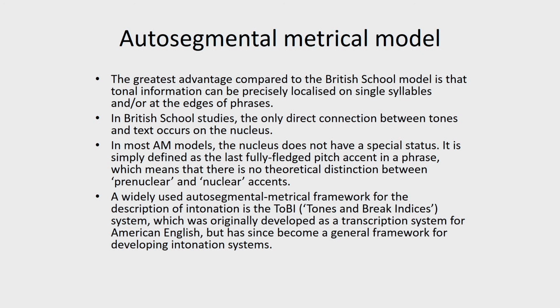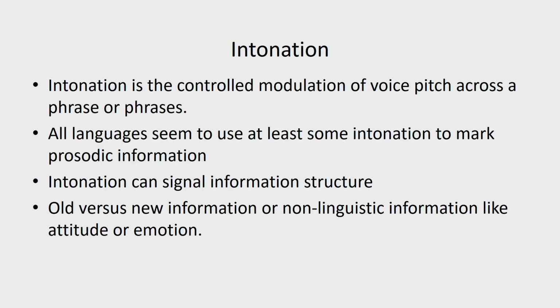A widely used autosegmental metrical framework for the description of intonation is ToBI, or Tones and Break Indices. This is a system which was originally developed as a transcription system for American English, but has since become a general framework for developing intonation systems.